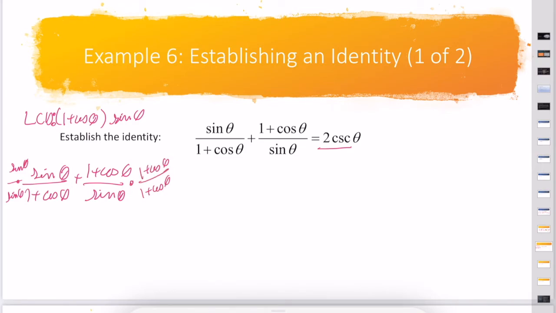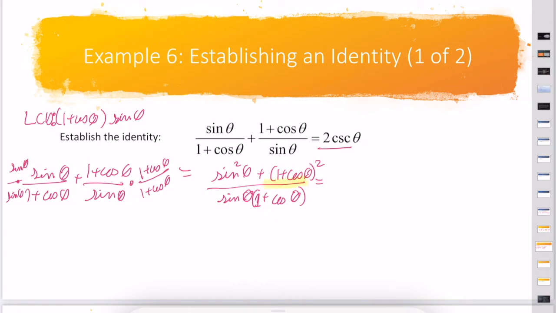Now we're just going to focus on adding these before we can simplify any further. So I have sine squared theta plus 1 plus cosine of theta squared over sine of theta times 1 plus cosine theta. So let's go ahead, because I can't see anything else I can do right now, and FOIL out this part right here.